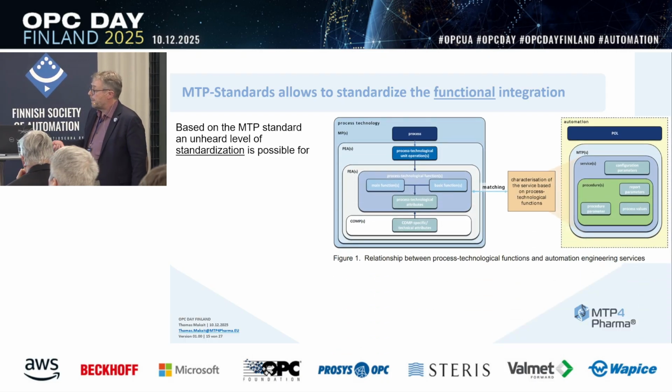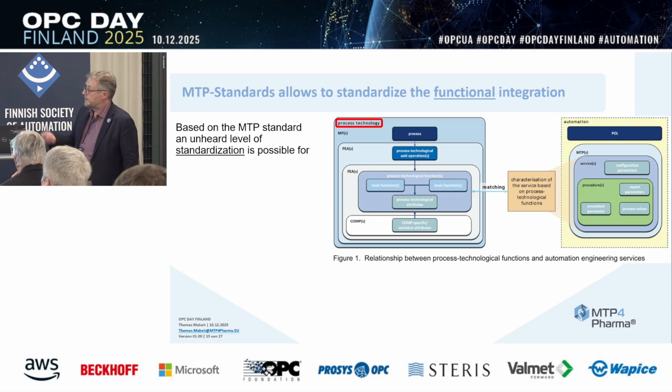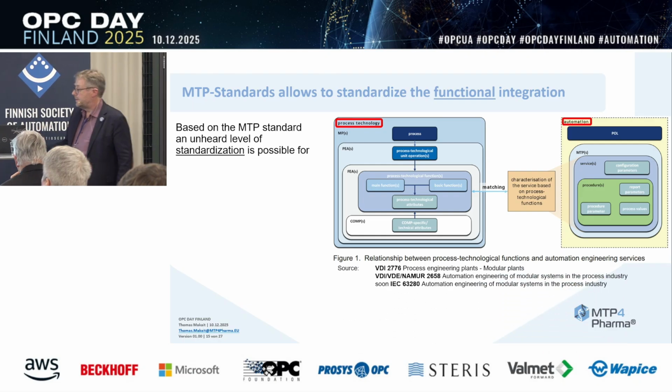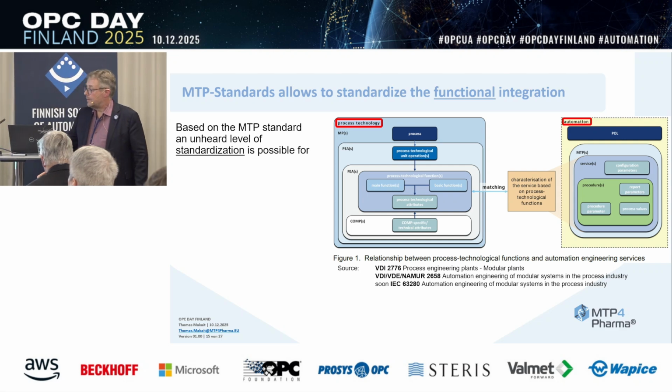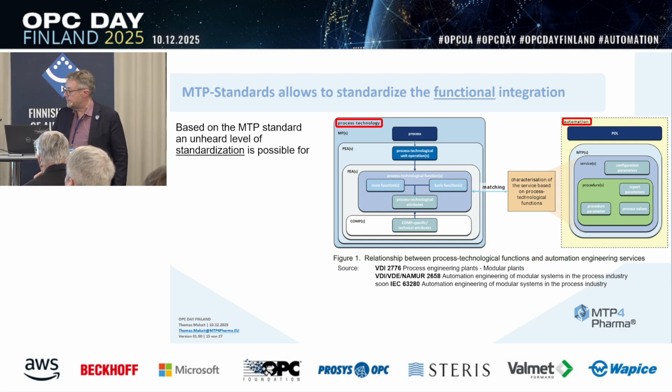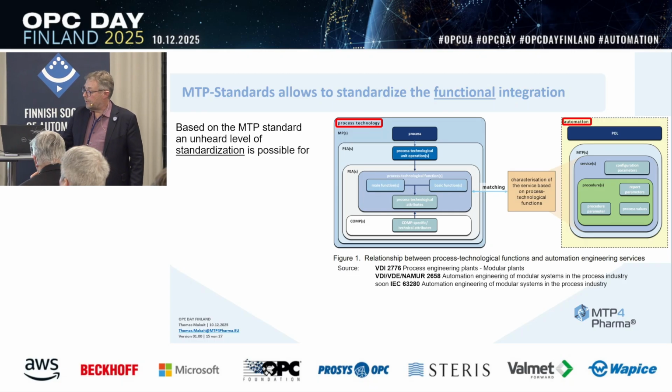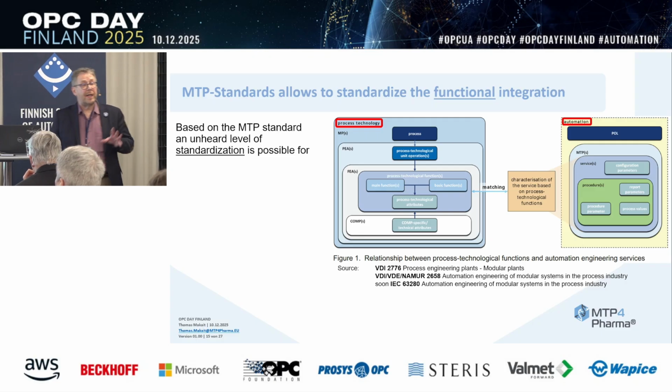Here we have a model for the process technology, the process we will automate, and the automation. And we have two standards. One is the 2658, which will soon be an IEC standard for the MTP interface definition. But of the same importance is the VDI 2776 for the process engineering of the plants.